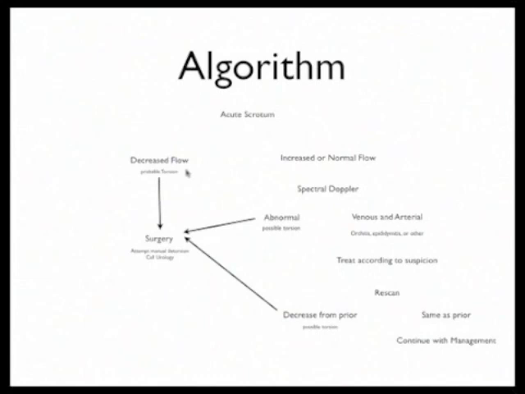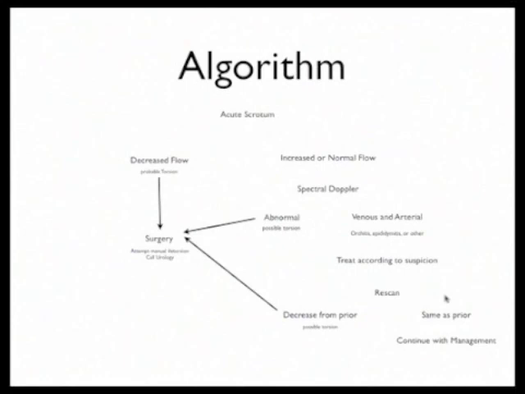If there's increased flow and I've got a good spectral Doppler waveform, then I'm basically going to assume that it's orchitis or epididymitis and then treat them while still repeating the scan again in 15 minutes and make sure that increased flow hasn't changed to no flow, so they haven't intermittently torsed. And then if it's still increased, there's not much to worry about. If it's staying increased, that's pretty clearly orchitis or epididymitis. So that makes a lot of sense to me.